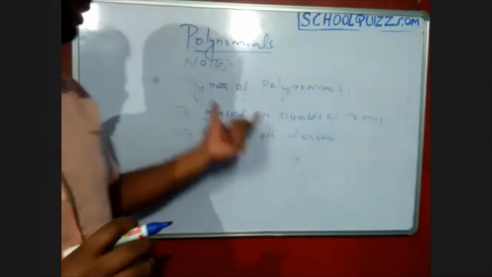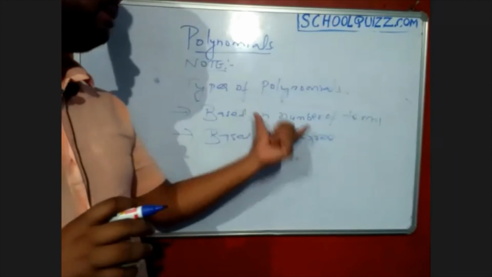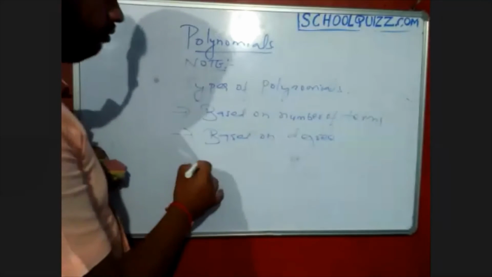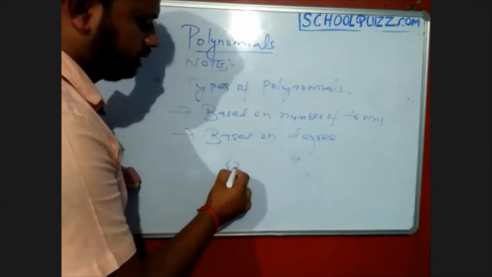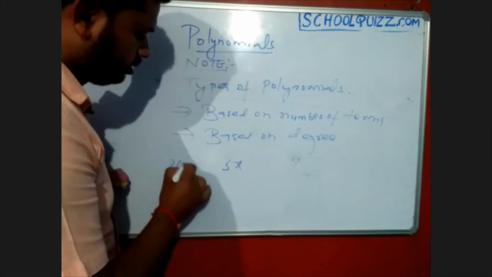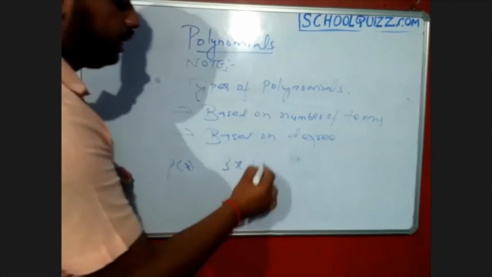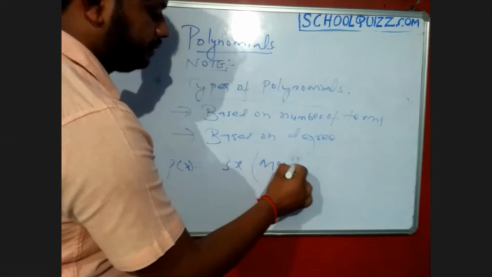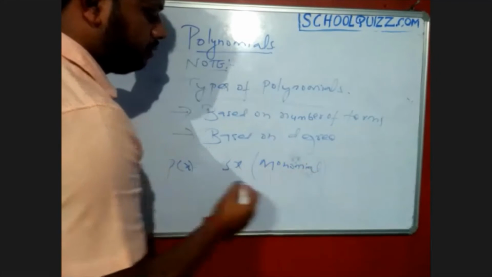But they are also separated based on the number of terms. So if one term is there, suppose 3x is one term, p of x equals 3x, then we call it as a monomial. This is because one term is there in that.